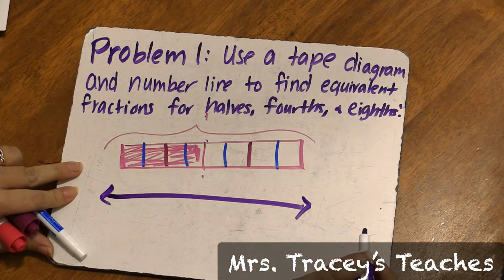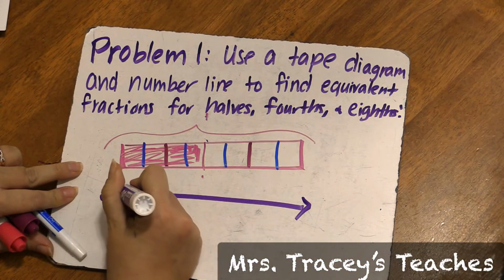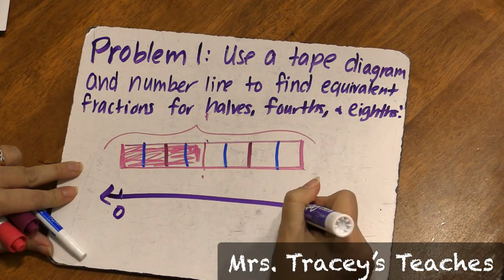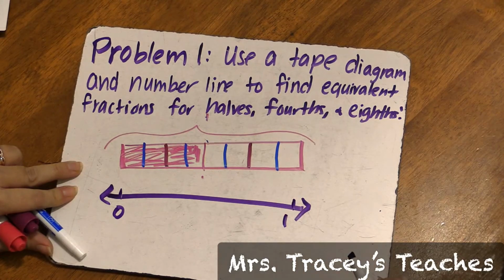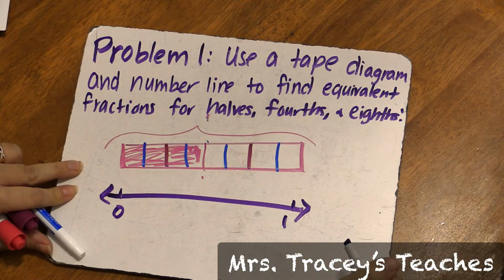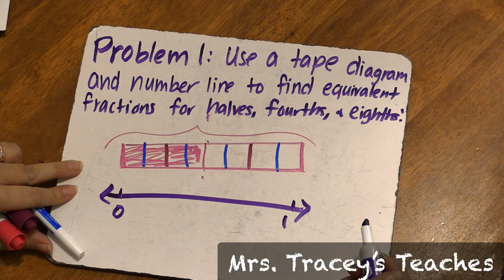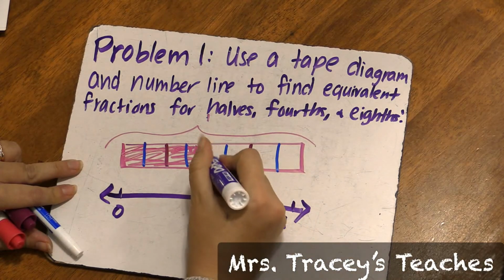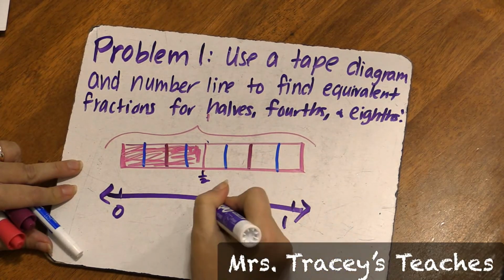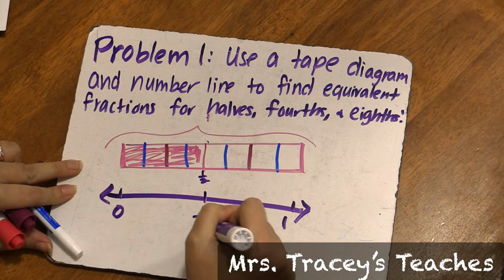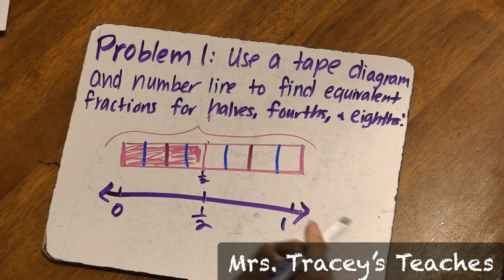And on our number line, we're going to have a point of 0 right here and a point of 1. And make sure it's the same size as the tape diagram. And we're going to label the half. So this is the half where the tape diagram was. We're going to label that as our half as well.